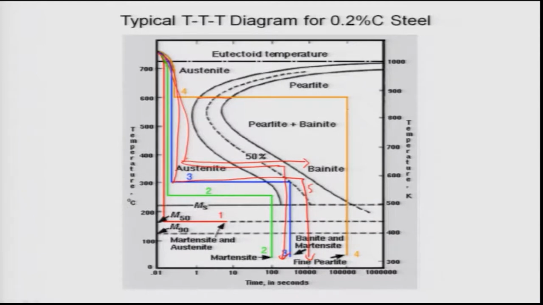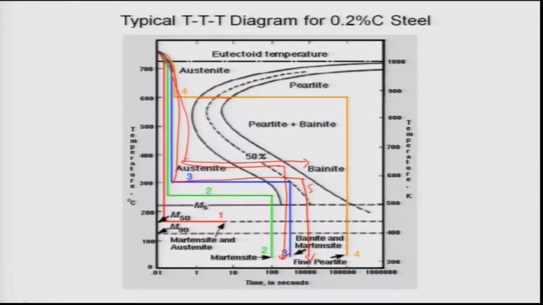So that means, this is temperature versus time, and each of these curves is a cooling curve. Simply by changing the cooling curves, one can change all kinds of different microstructures. That is what is important for you to understand.